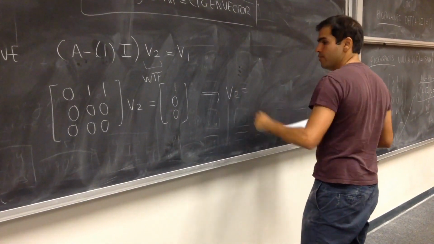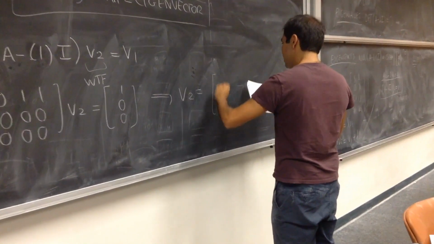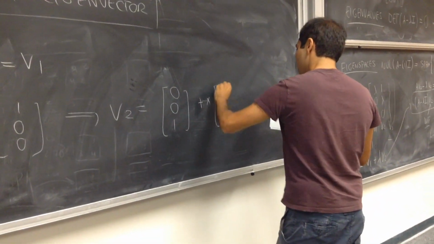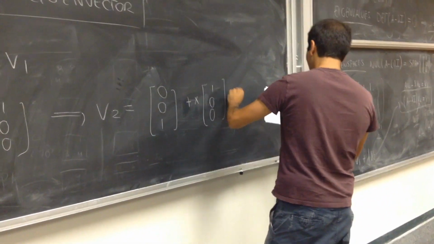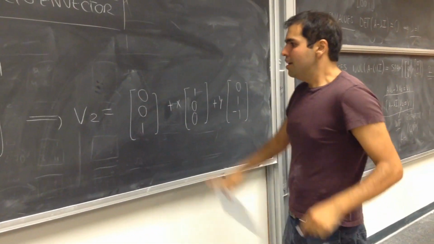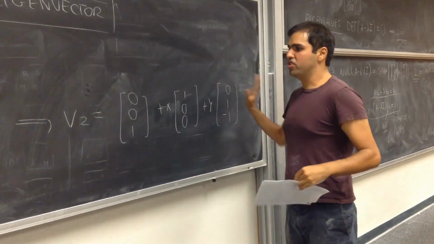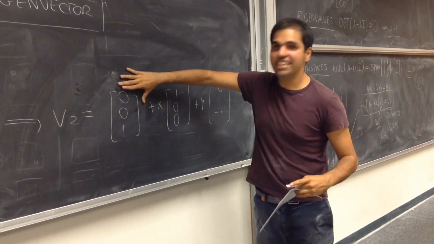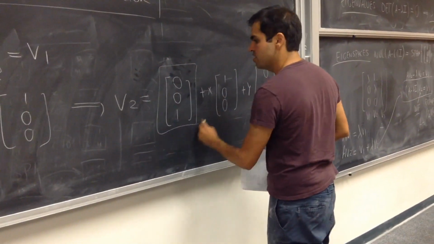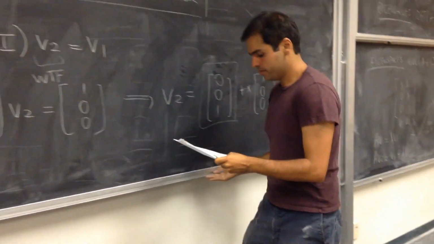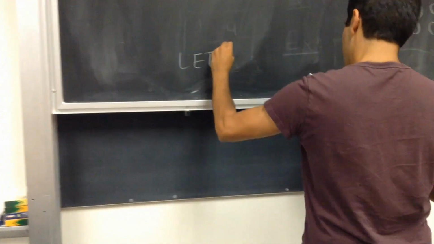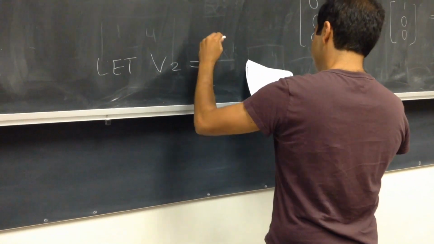Namely, if you Gaussian eliminate, you get v2 is (0, 0, 1) plus x (1, 0, 0) plus y (0, 1, minus 1). And it turns out all this is just garbage. You just need one vector, so how about we just choose the easiest one, 0, 0, 1. So again, let v2 be 0, 0, 1.